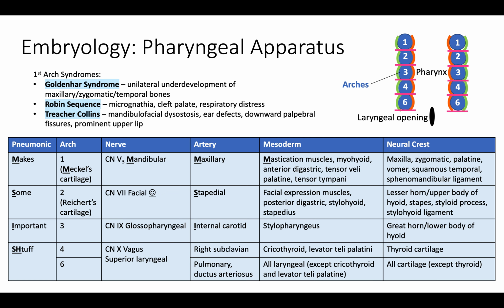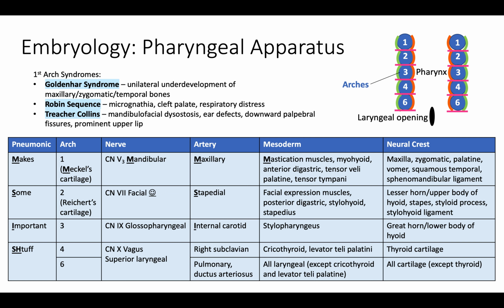So the way I tried to remember this was if I knew what arch number went with the nerve, I could basically give you the mesoderm and know exactly what they did because I knew what nerve that did and I knew what artery went with it. So like number 3, glossopharyngeal.